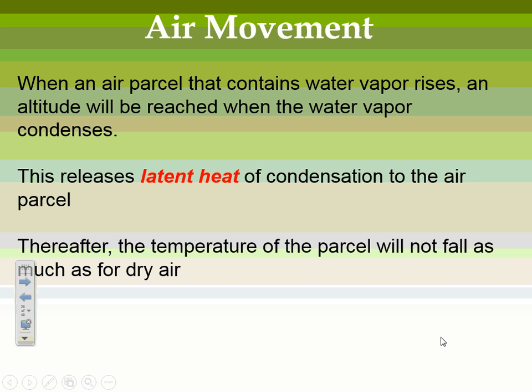So connecting these concepts with adiabatic heating, when an air parcel that contains water vapor rises and then cools and condenses, the release of heat is that latent heat of condensation. Which is also then related to humidity.